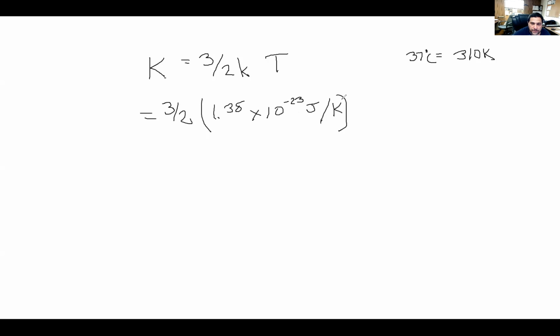So our kinetic energy is typically in units of joules. We have Kelvin in the denominator here, and we have 310 Kelvin, which is 37 degrees converted to Kelvin. So your Kelvins will cancel, and you'll end up with kinetic energy. So the kinetic energy is 6.42 times 10 to the minus 21 joules.